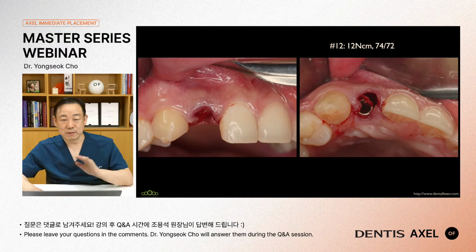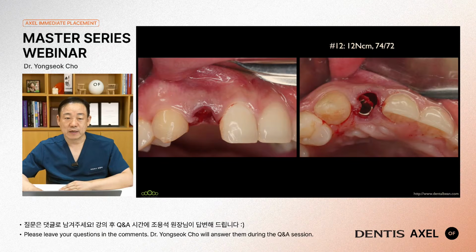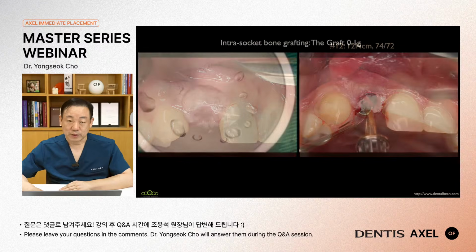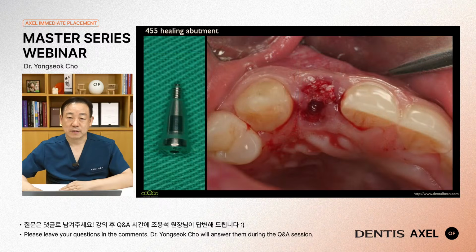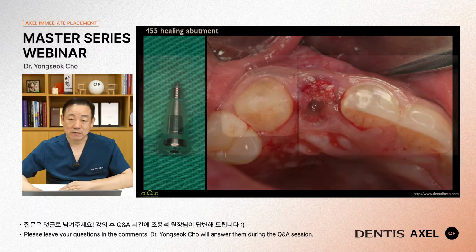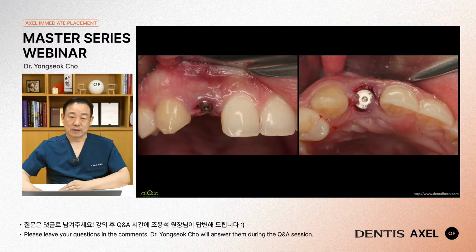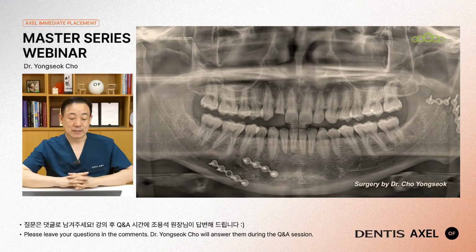It is palatally positioned, and the insertion torque was 12 Newton centimeter, ISQ 74, 72. Here, intra-socket bone grafting was done like this. I connected the 4.5 healing abutment and finished the surgery. Okay, look at the video of this case.